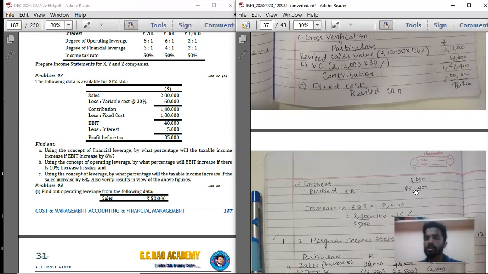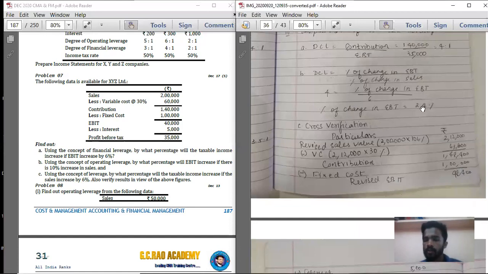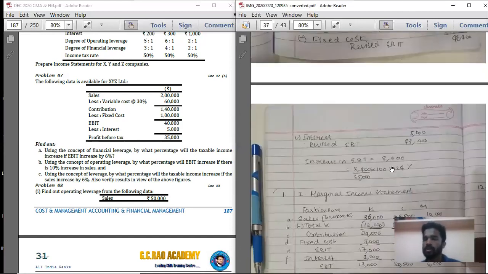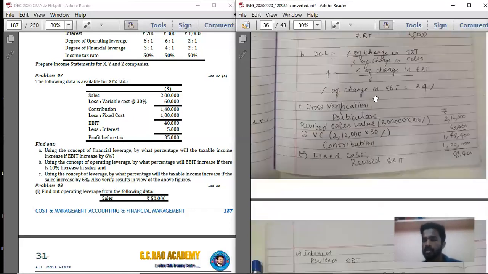Percentage of increase in EBT is equal to 8,400 divided by 35,000 into 100. So you are getting 24%, what we have calculated, 24%. So cross verification is also 24%. So the answer found for the percentage of change in EBT is right.